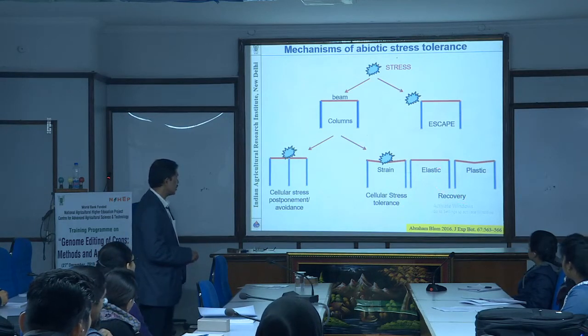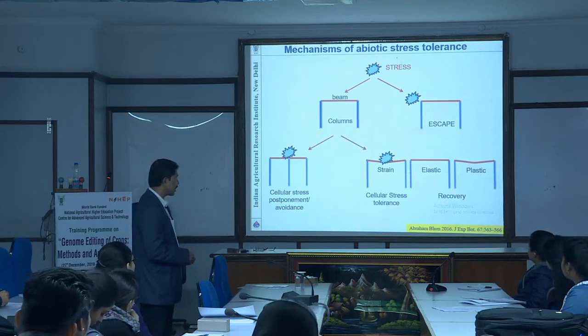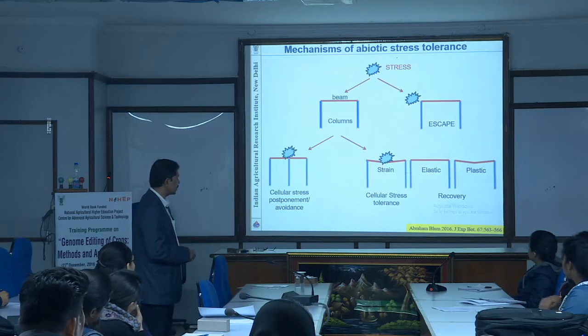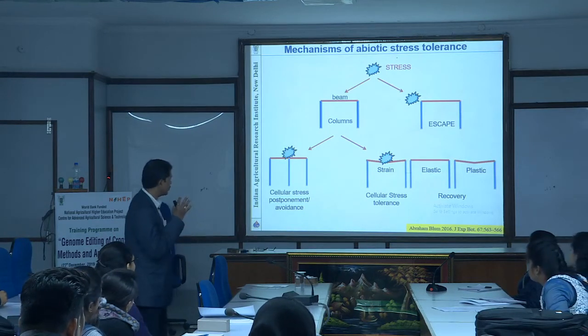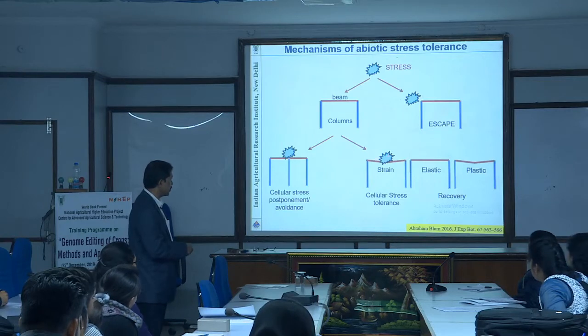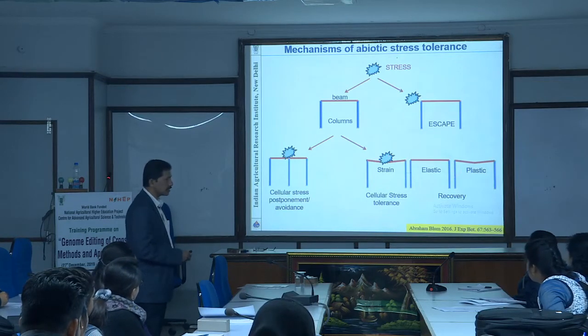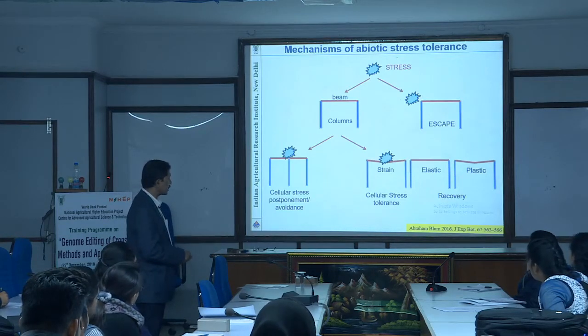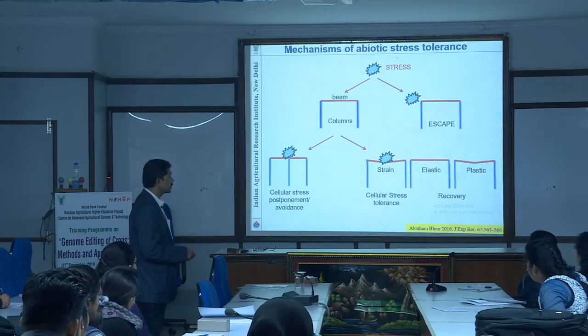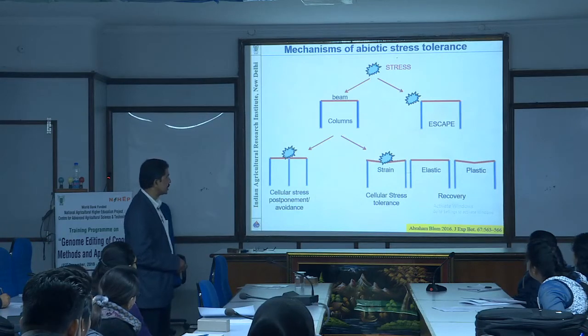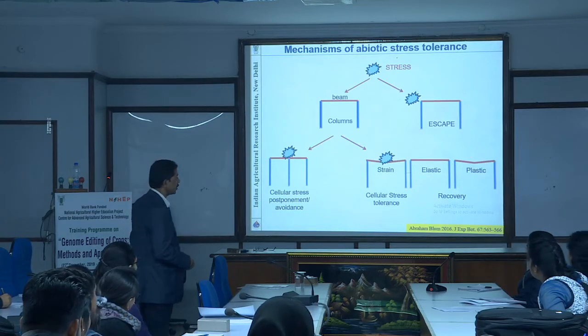Some of the responses are elastic, that is, under stress conditions the process is almost broken down, but when the stress is relieved, these processes recover to their original state. Some of the mechanisms are plastic; although they recover to a certain extent, it is still less than that of the normal plant.